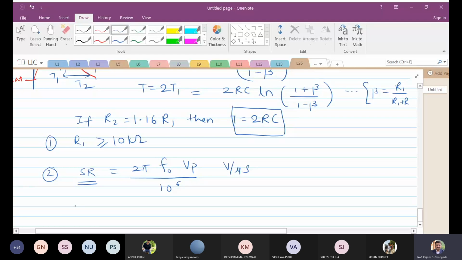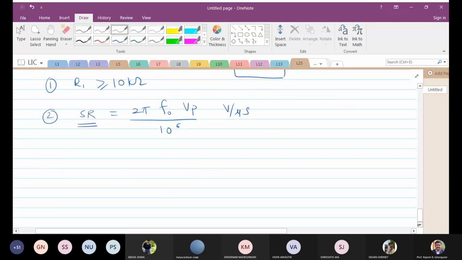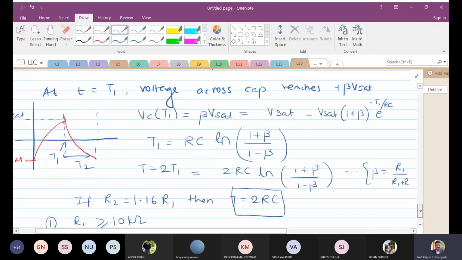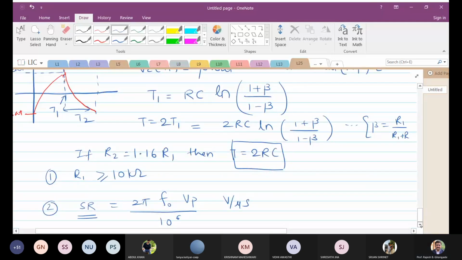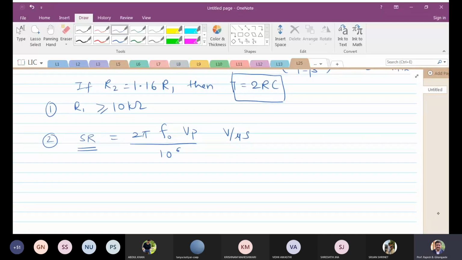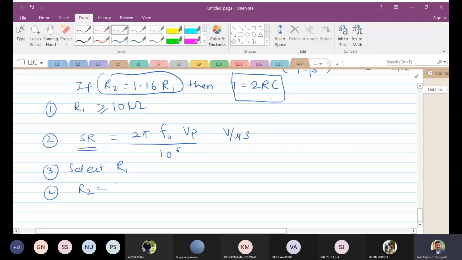The operational amplifier has to be selected whose slew rate is greater than this value for designing the circuit. Other values you can directly select. For example, you can select the capacitor. So start by selecting R1, then compute R2 from this equation as 1.16 times R1.